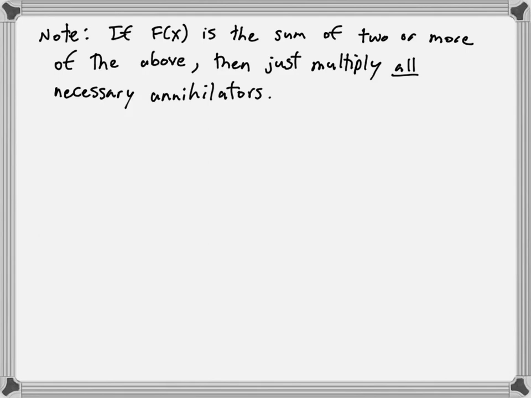All right, so I want to do some more examples here. So let's start another one. I want us to solve the following. Y double prime minus 2y prime minus 3y is equal to 2e to the 3x.